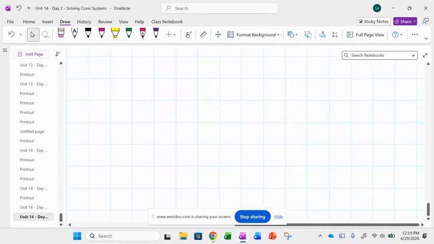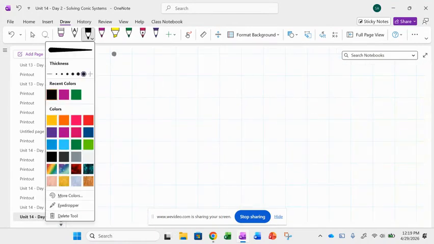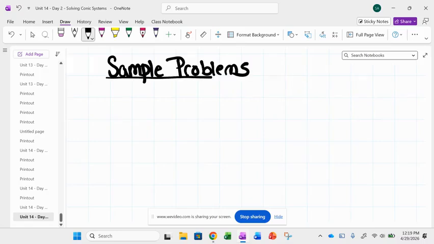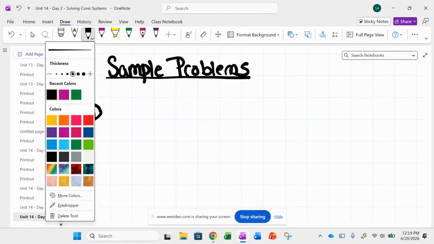So let's do our sample problems here. We want to solve by graphing.